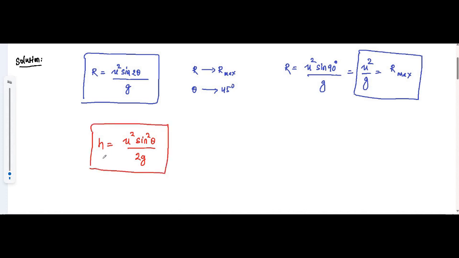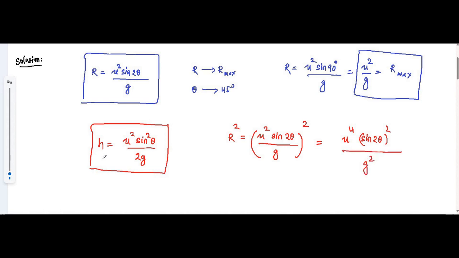Now R square is equal to u square sine 2 theta by g whole square. Okay, so it is equal to u to the power 4 sine 2 theta square by g square. This is R square.